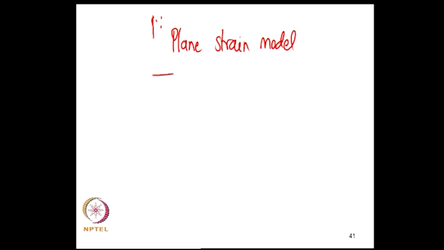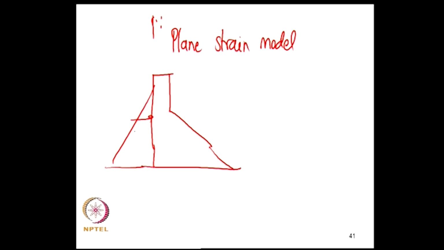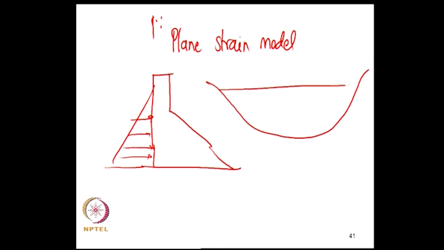One example that we can give is that of a gravity dam subjected to hydrostatic force. If this dam is in a valley like this, we can assume that in this portion the dam cross section is prismatic and the load does not change. Suppose this is the z direction; the load does not change in the z direction.